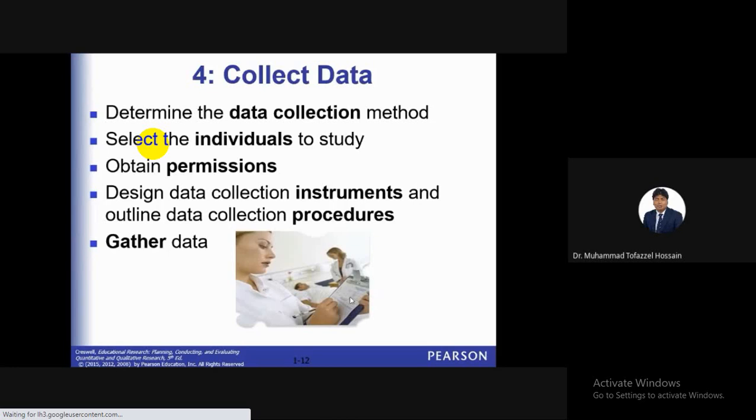Then when you involve the participants, undoubtedly you have to obtain permissions from the people if you want to involve them in your study. Then design data collection instruments. You have to design those also.